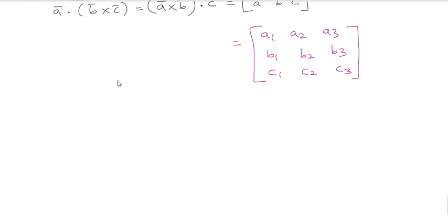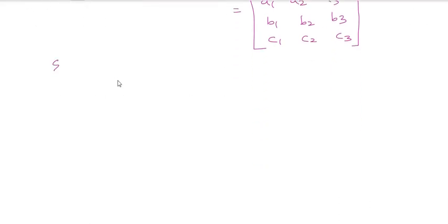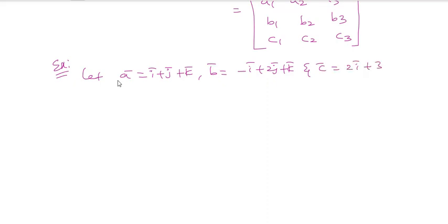So let me take one example so that you will have an idea. Same example, my earlier example only: let a bar equal i bar plus j bar plus k bar, b bar equal minus i bar plus 2j bar plus k bar, and c bar equal 2i bar plus 3j bar plus 4k bar.